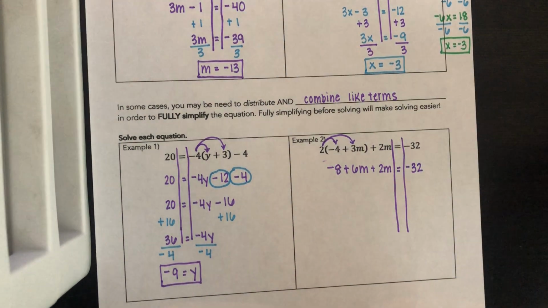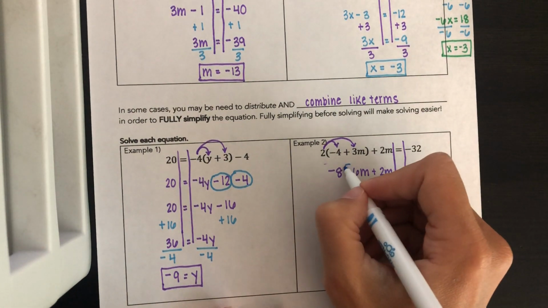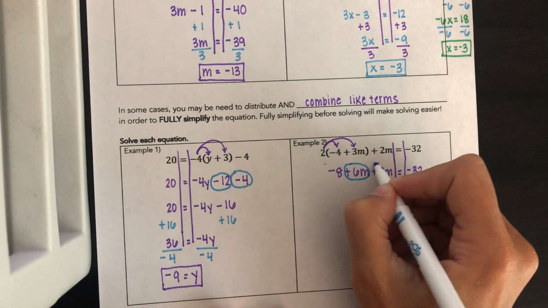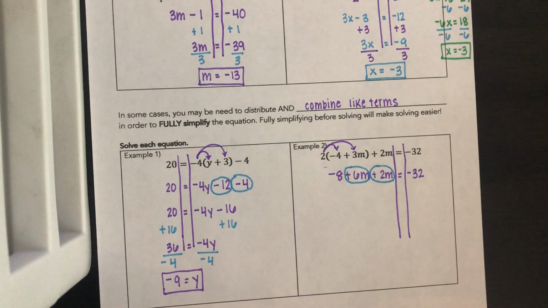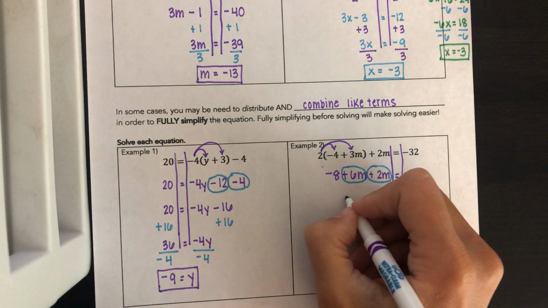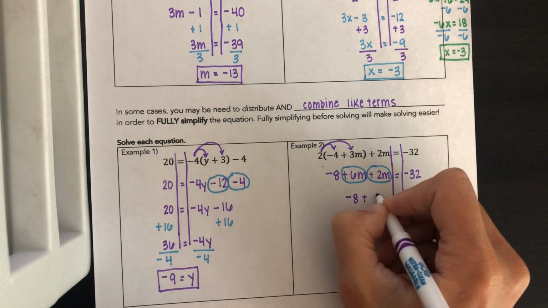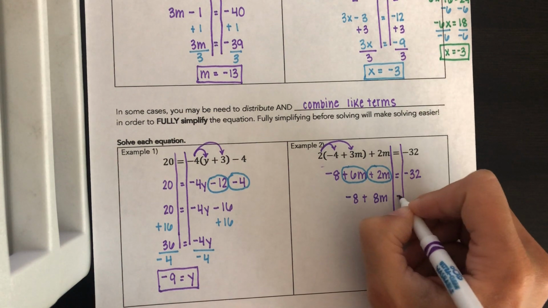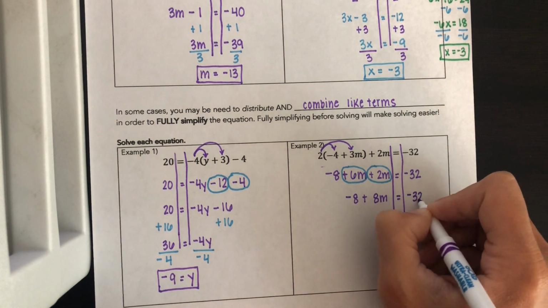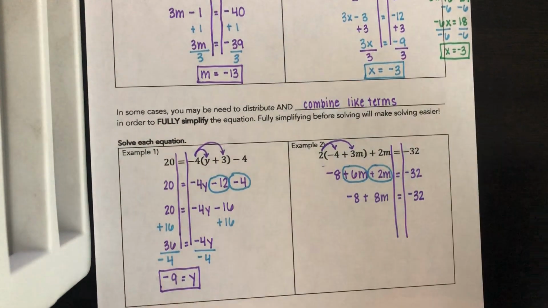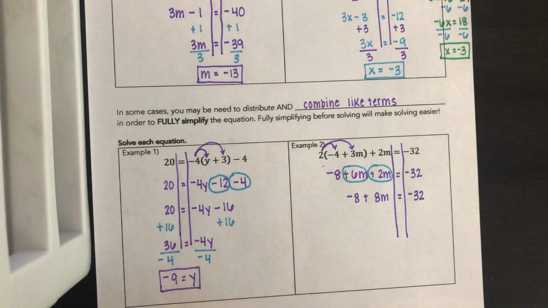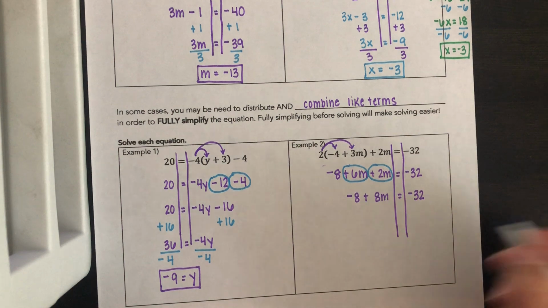So I still have a bunch of terms here, and a couple of them are like terms, so I'm going to do what I can to combine those. And my new equation would be -8 plus 8m is equal to -32. And now, since I have a nice two-step equation, we're going to go ahead and solve that equation.